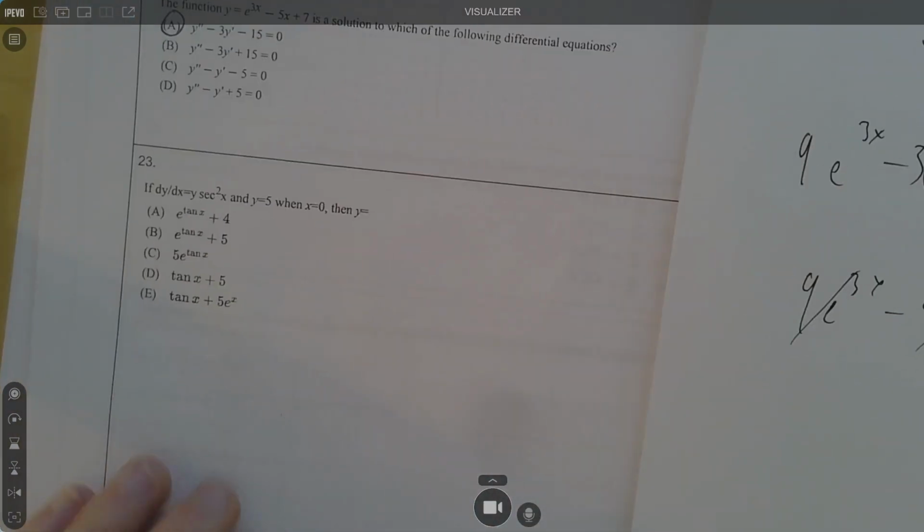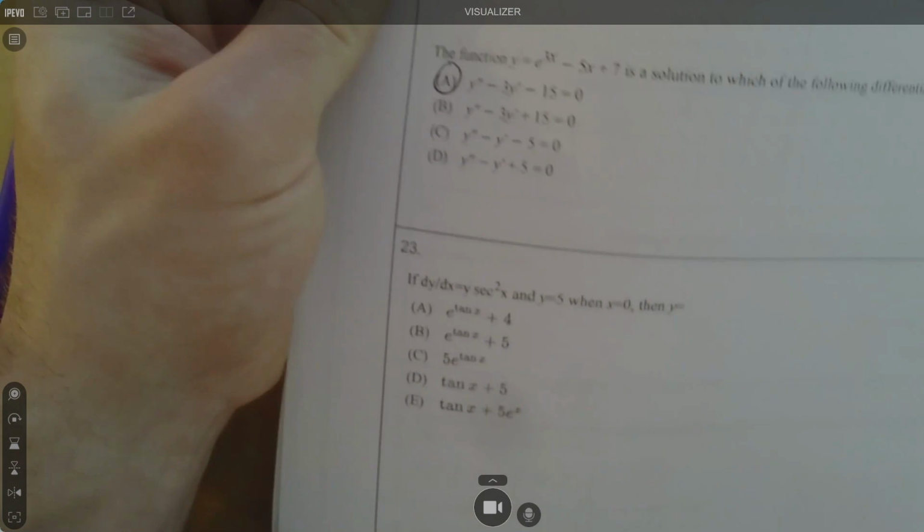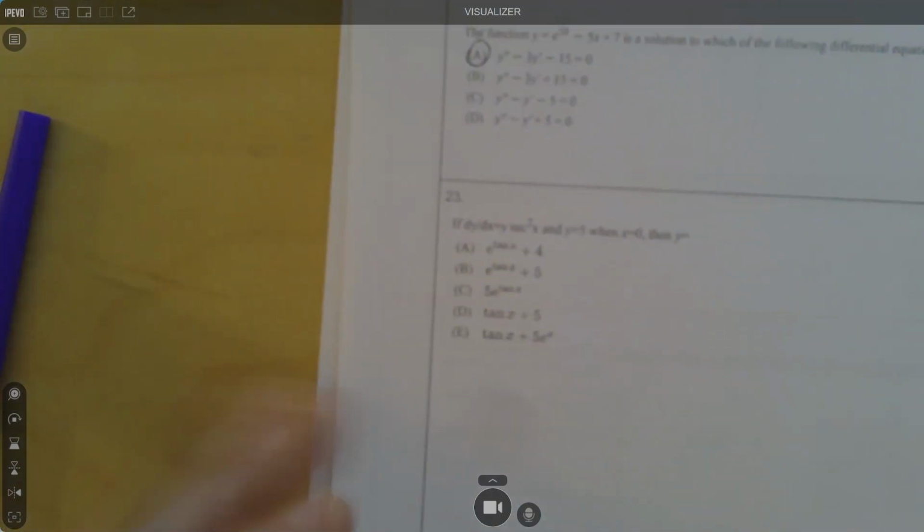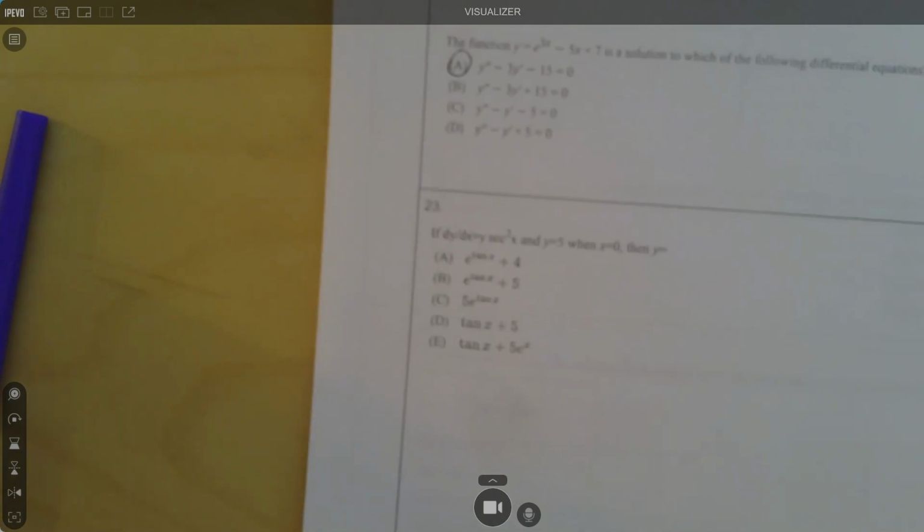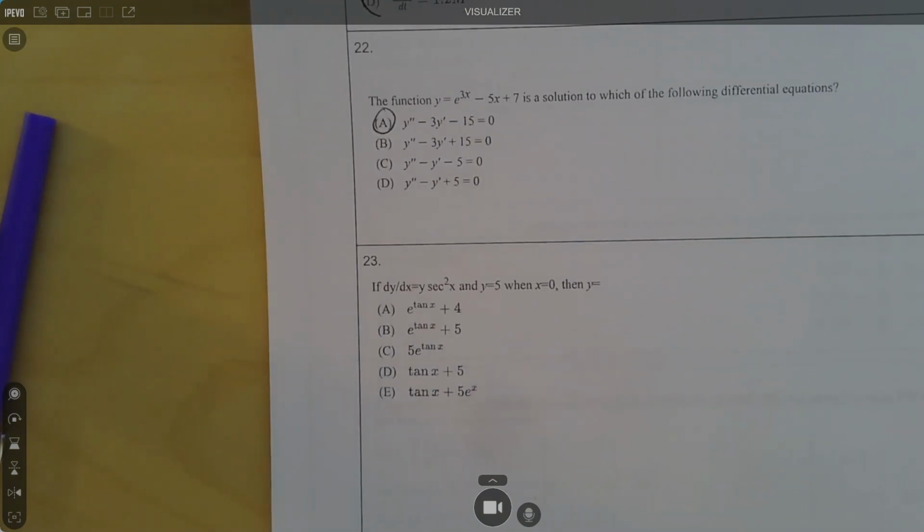Okay? Alright, some differential equations now. If dy/dx equals y secant squared x and y equals 5 when x equals 0, then y equals what?